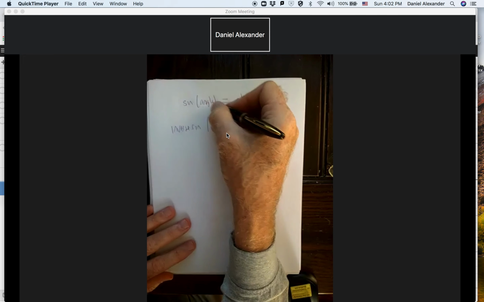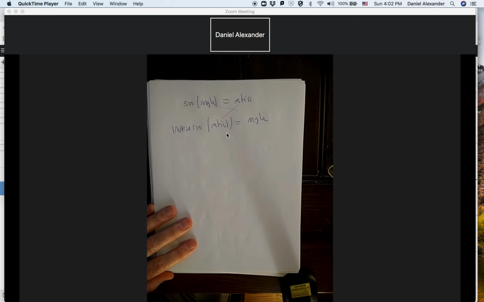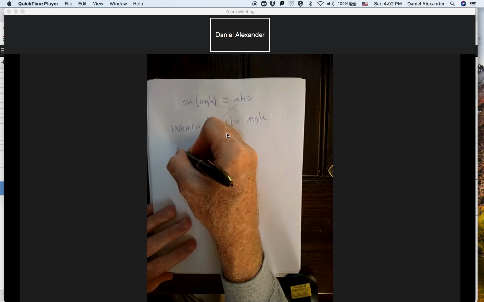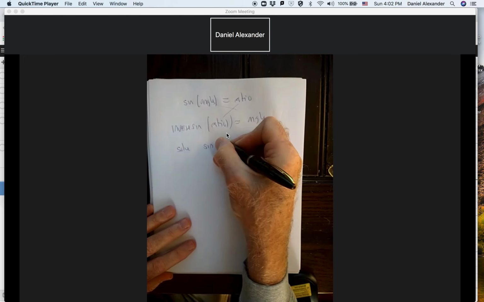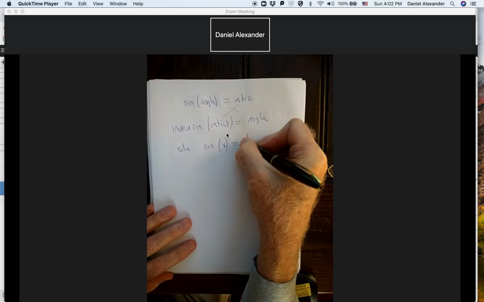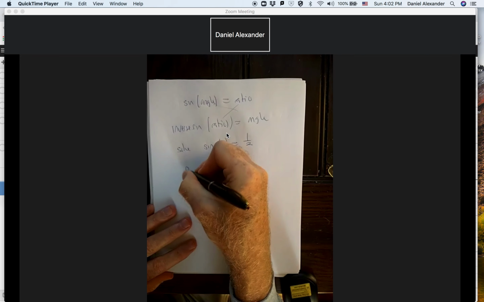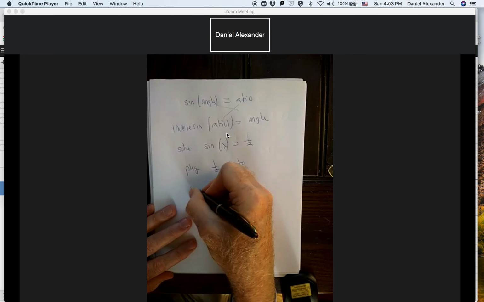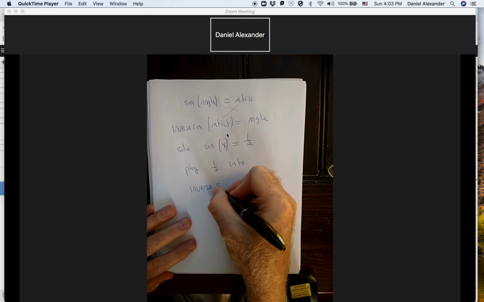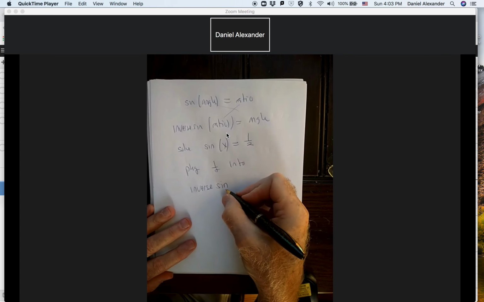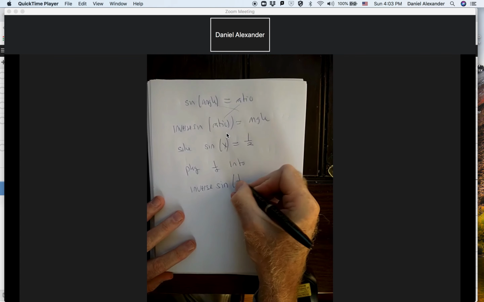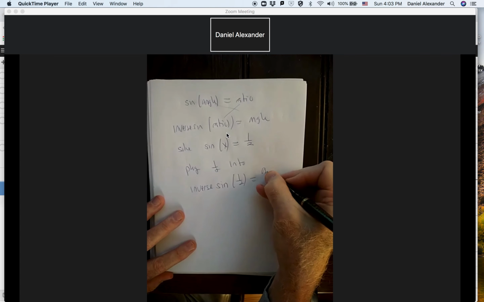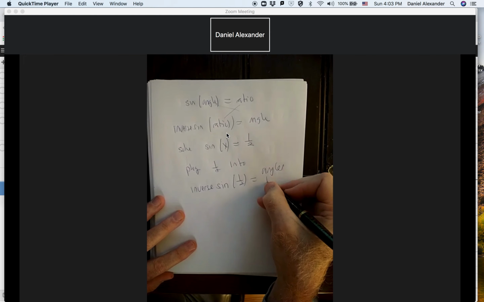So they're kind of opposite of each other. So when I want to solve sine x equals 1/2, I plug 1/2 into something which we're going to call the inverse sine. Again, we're going to use different notation for that. And so I get that, and this will give me the angles that work.